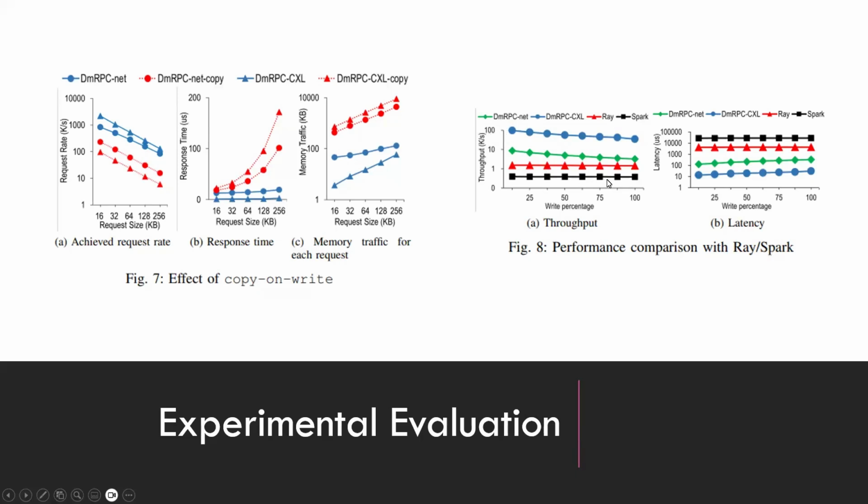So again, 100 times better performance. Yeah, and the same with latency. So 10 nanoseconds for CXL and around 10 to 100,000 for Spark and Ray. And that is a big difference.